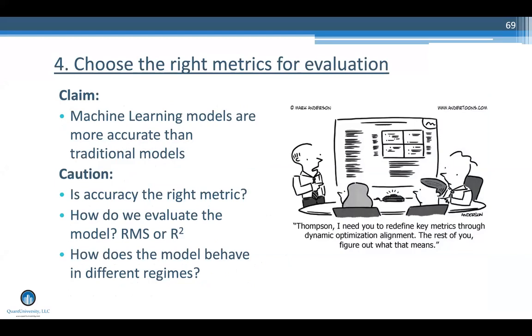So here's an example for you. If you're thinking about a fraud detection algorithm, and you say, I built an algorithm which is 99.9% accurate, well, in your data set, the fraudulent records are, let's say, only 0.1%.